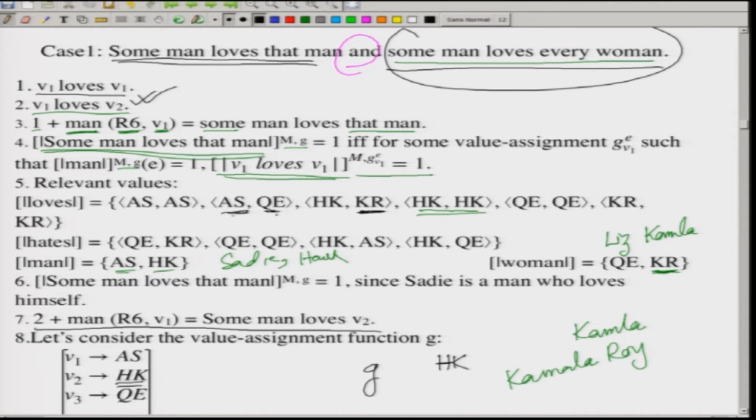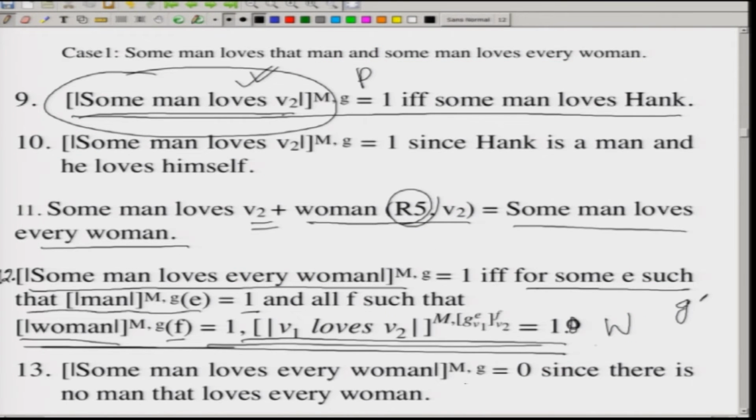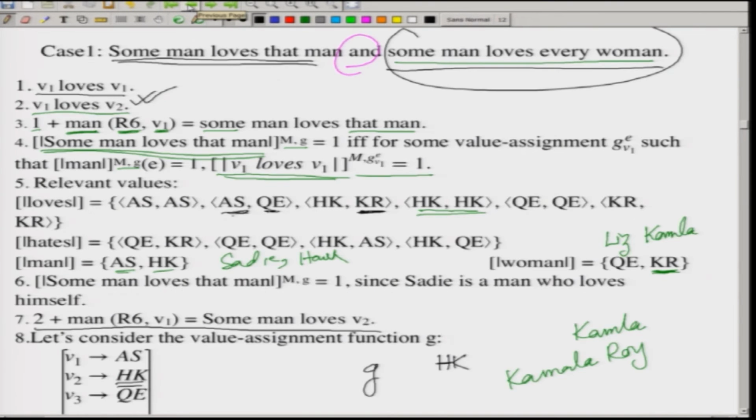So we don't find a single man who loves all women. Therefore the truth value of this part is 0. Now we remember that on the previous page we saw that the first part was 1. So this part is 1 and this part is 0.